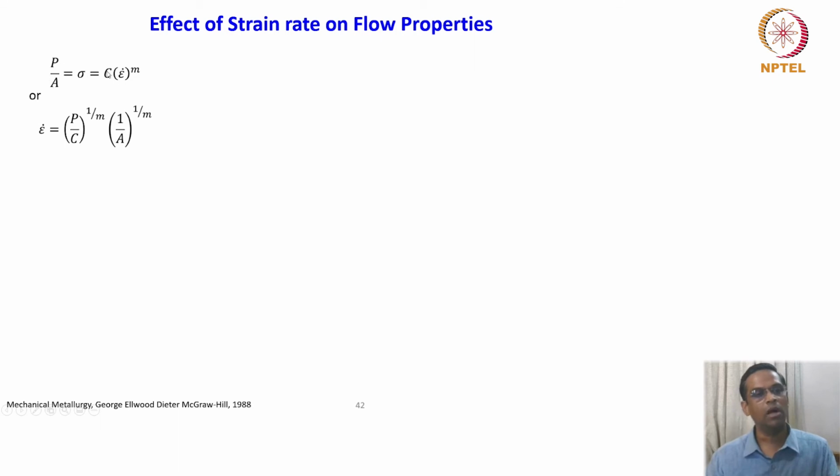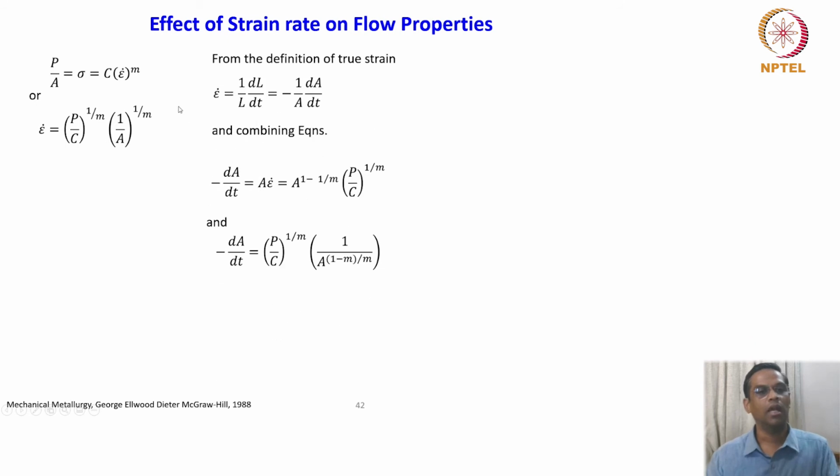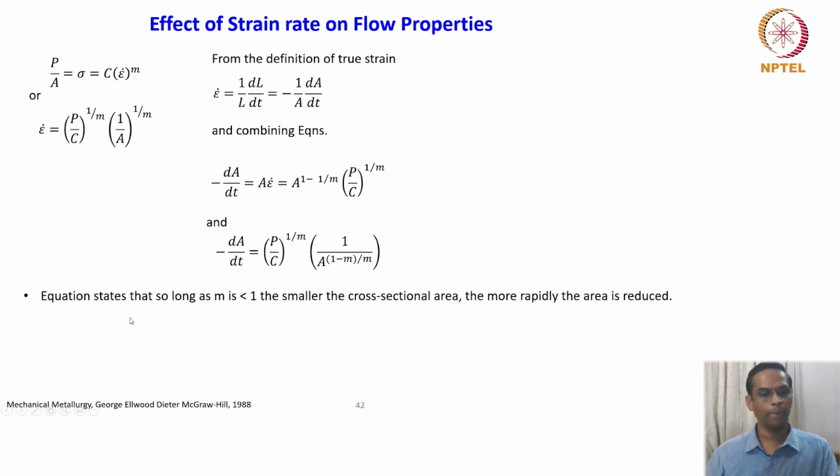P by A is sigma, which can be related to C times epsilon dot to the power M, and we can rewrite this equation for epsilon dot, and we can also connect the other definition of strain rate and then combine these two and get a general relation for describing the strain rate sensitivity.